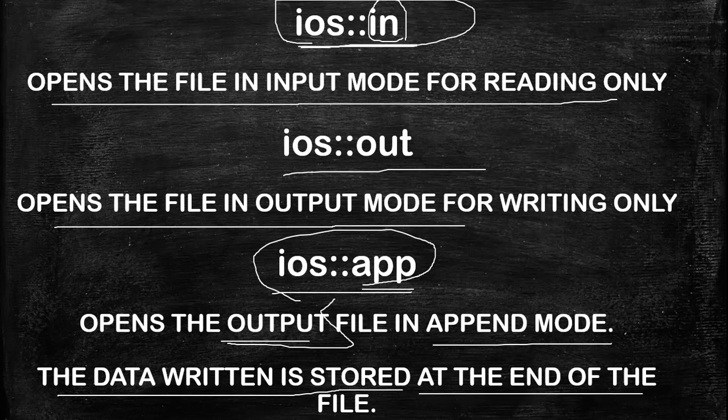So after opening the file with append mode, the data which we enter will be entered at the end of the file. This is why you use this, and the data which is inside the file will remain. There is no change in the data, just the new data will be added at the end of the file. Therefore we use append mode to retain the previous data and to enter new data at the end of the file. We'll see about this in the examples.